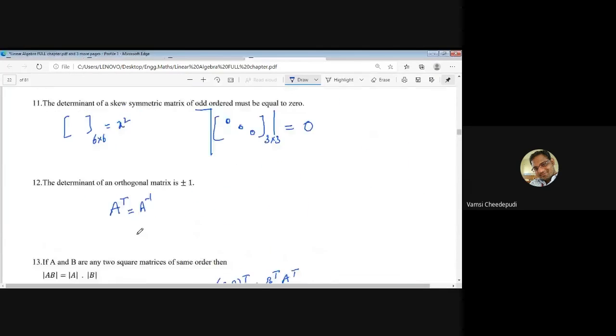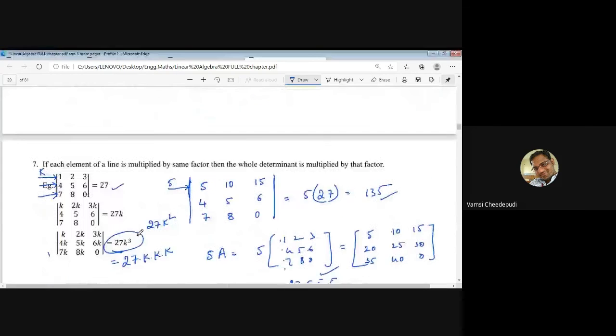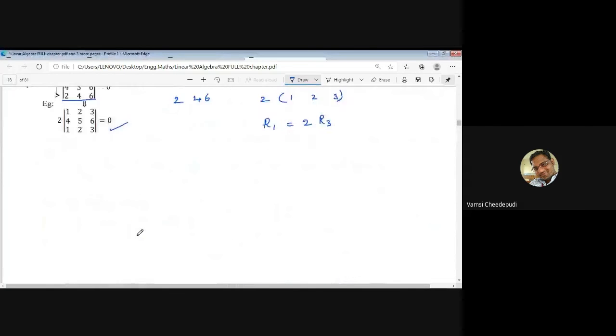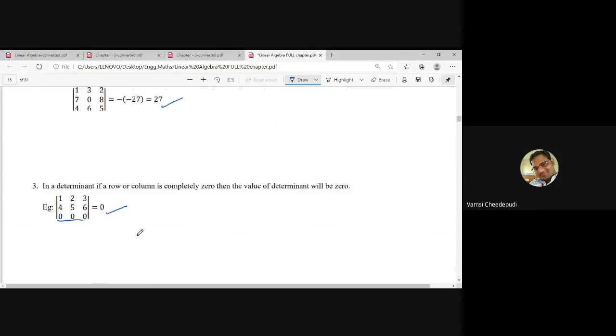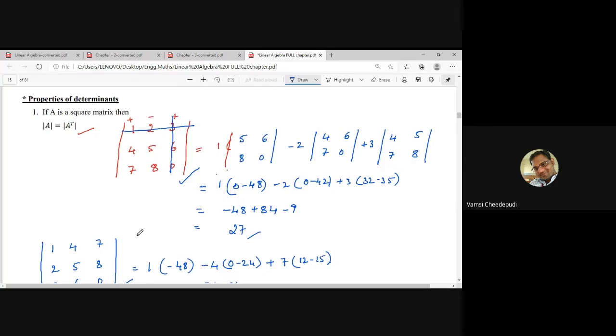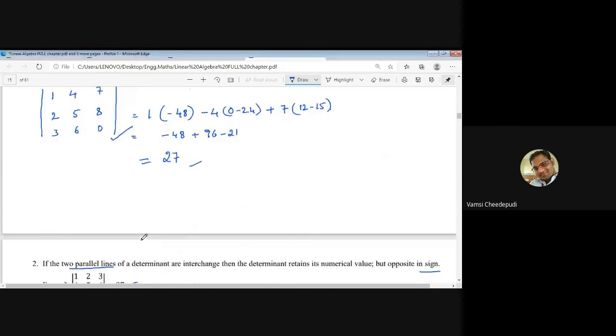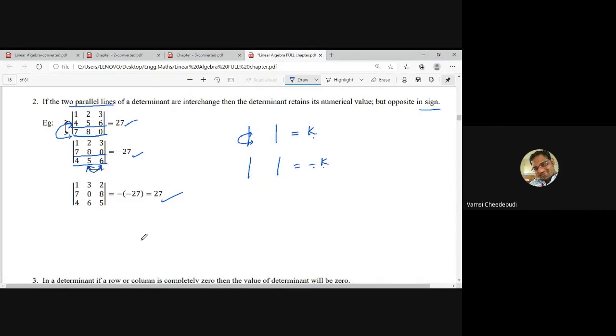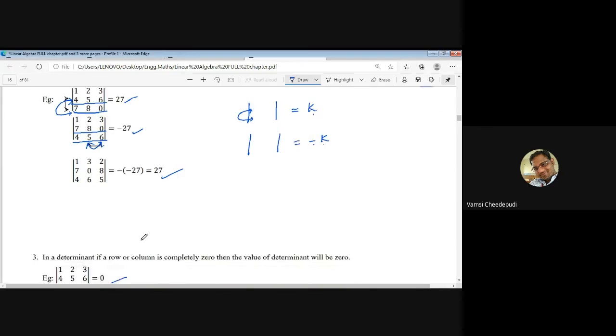Okay. Let us take the snapshot of these determinant properties. If the determinant of the matrix and the determinant of its transpose are found, both are the same. If any two parallel lines are interchanged, then it just differs by sign.